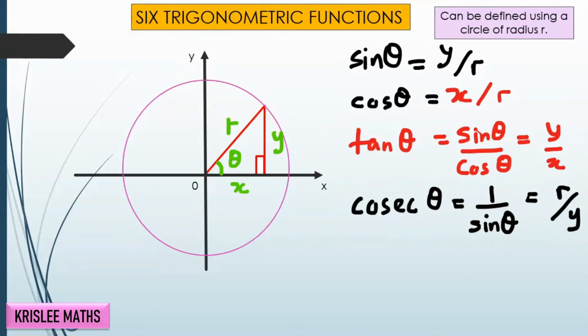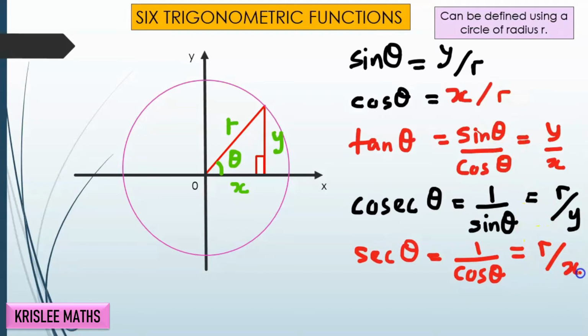Next, let's say we want to find secant theta. Secant theta is the reciprocal of cos theta. Here cos theta is x over r, therefore the reciprocal is r over x.